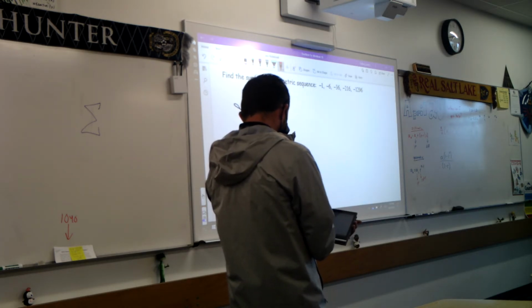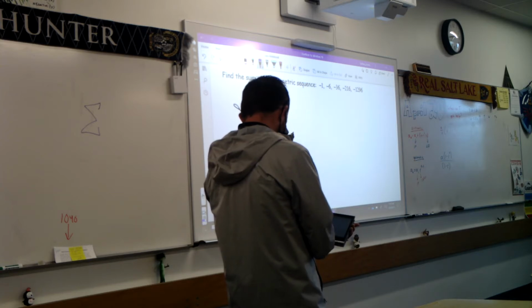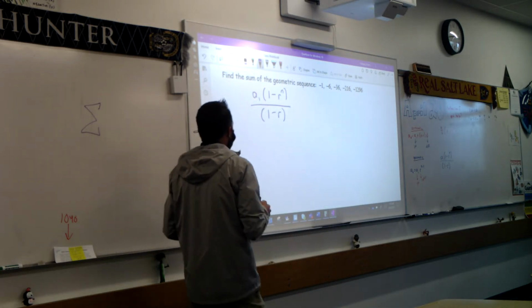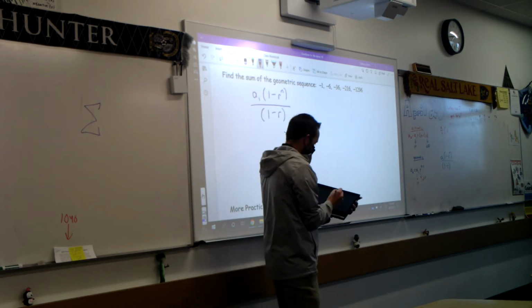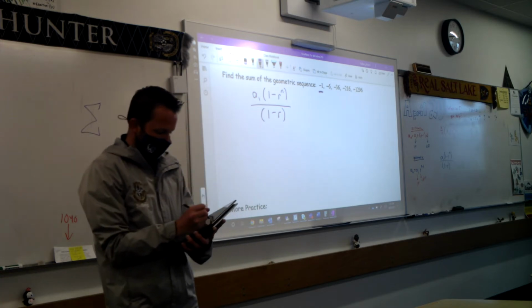A sub 1, 1 minus r to the n, over 1 minus r, right? That's our formula. So when I'm looking at this, do I know what the first term is? That's pretty obvious, it's just negative 1. How many terms are there?